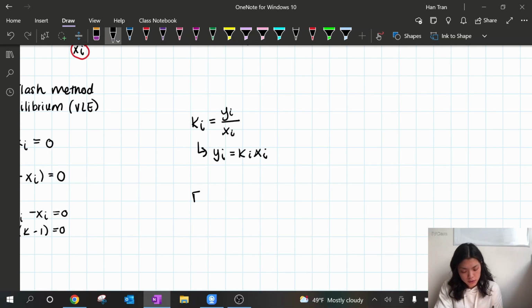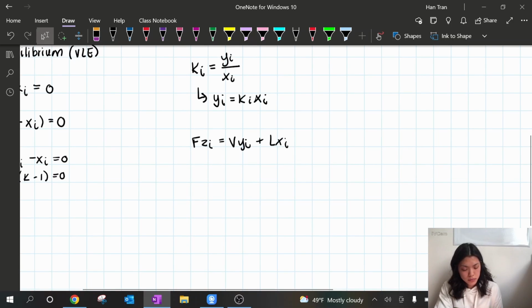And so we have the feed times the equation that states, it was a mass balance equation that states that the feed times the mole fraction of the feed of component I equals the vapor times the vapor mole fraction of component I plus the liquid times the liquid mole fraction of component I. And so these are both known, so we can keep that as is.